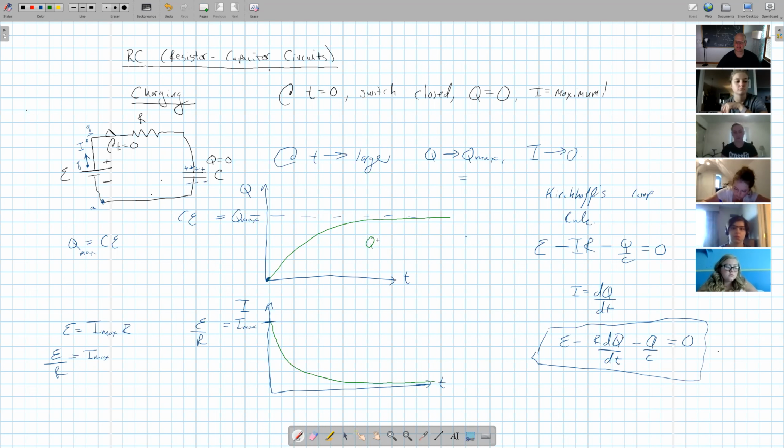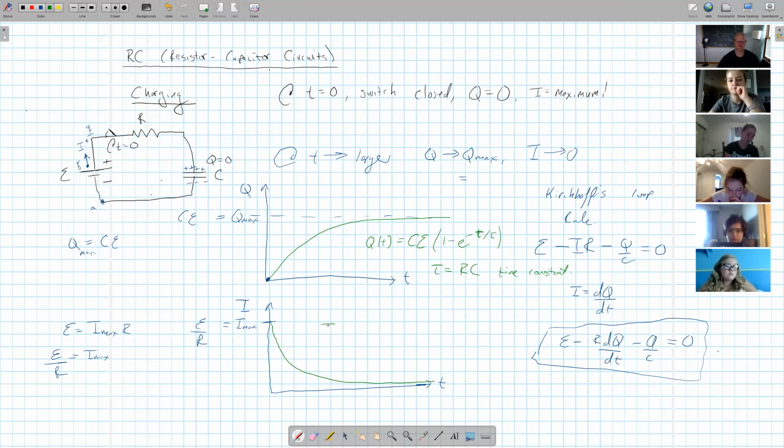So what this says is that the charge on the plate as a function of time is equal to the maximum charge, which is C times E, times 1 minus e to the negative t divided by tau, where tau is what's known as the time constant, equal to R times C. So this is what's called the time constant.